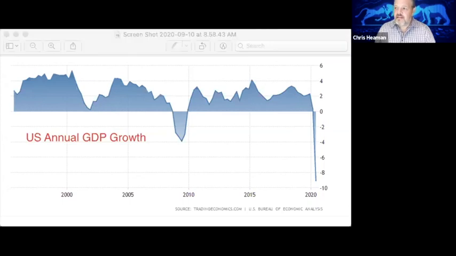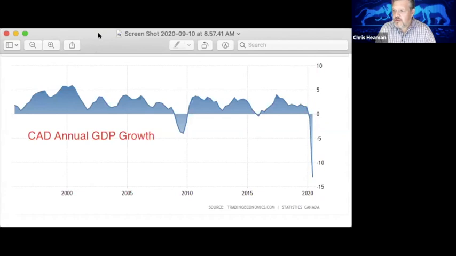When we look at the Canadian, it's a very similar picture. So here's our Canadian GDP growth. Same thing happened back here, but you can't see it now because I've taken away the US. But back in 1999, 2001, although we slid, we didn't really go negative in Canada.